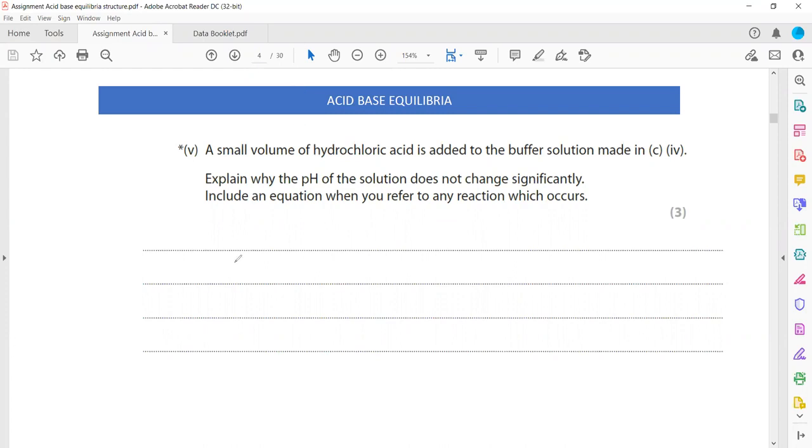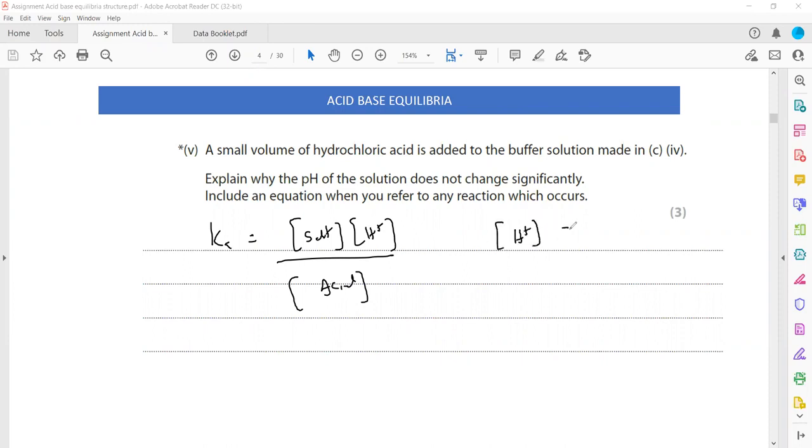But the important thing is the ratio. Ka is equal to the concentration of the salt times the concentration of hydrogen ion, divided by the concentration of acid. When we simplify this equation, the concentration of hydrogen ion is equal to Ka times the concentration of acid divided by the concentration of the salt.